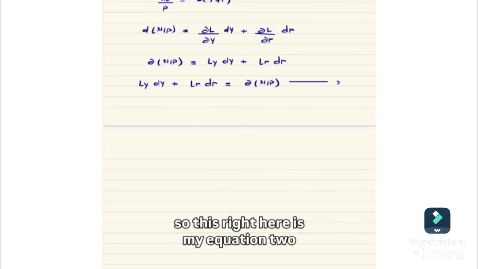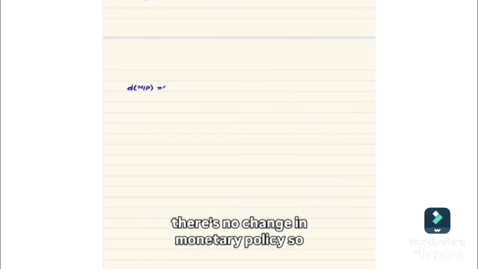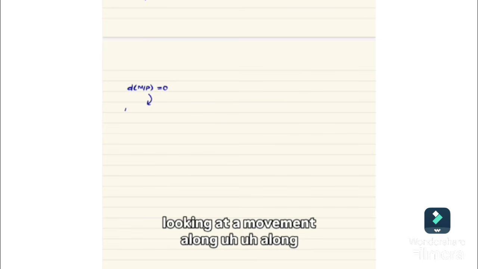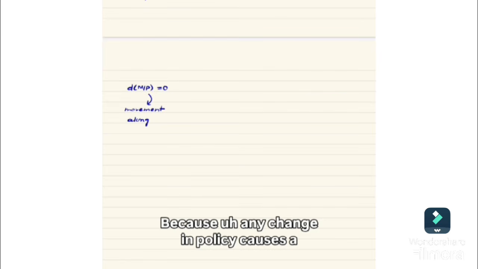Okay, so if I assume that there's no change in monetary policy, I'm basically looking at a movement along the LM curve, right? Because any change in policy causes a shift.